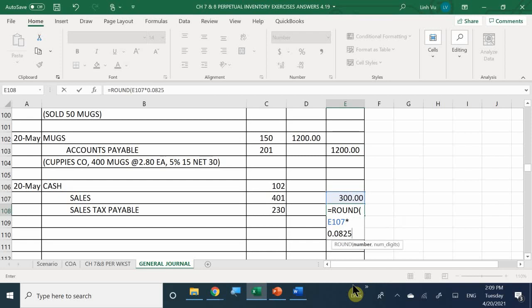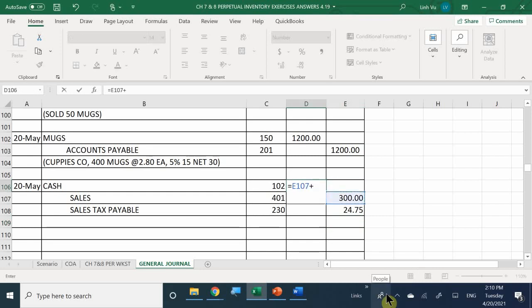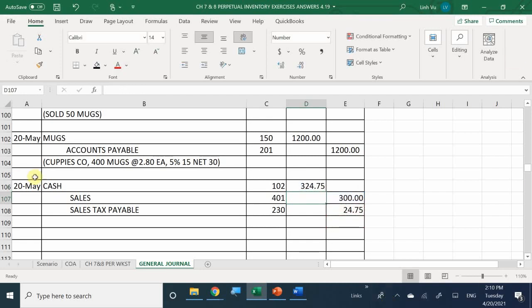And then how much tax will I be collecting? $24.75. Perfect. Then, in grand total, how much cash should I be receiving? $324.75. Okay.